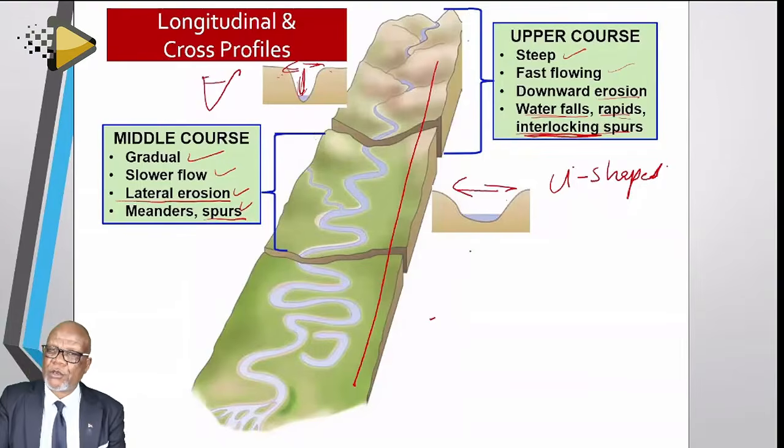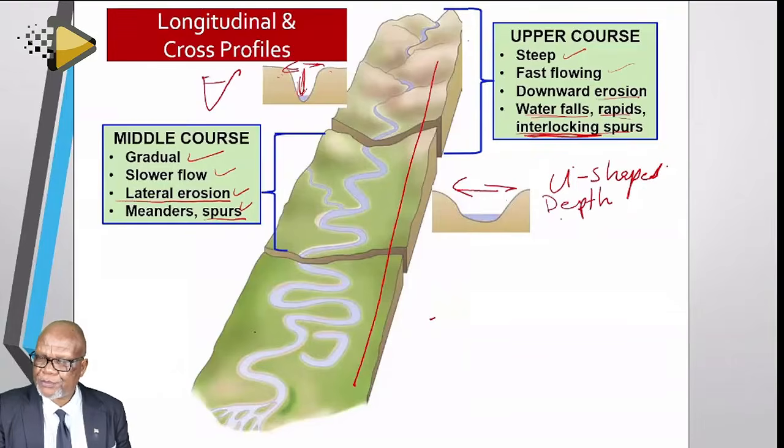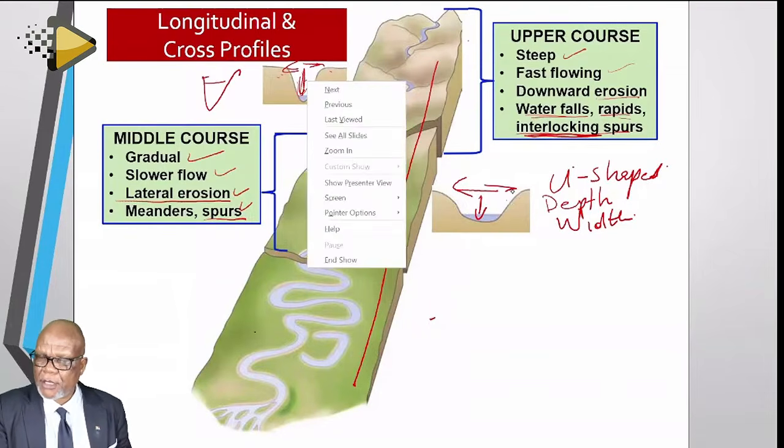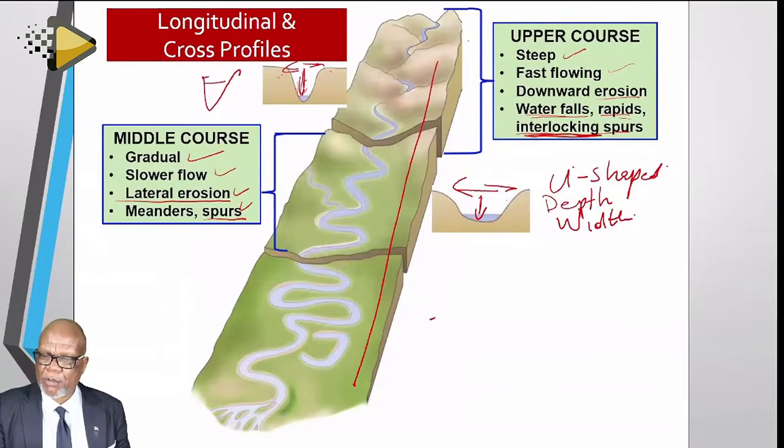So from the cross section you see the width and you see the depth. Then you can compare: the river is deeper in the upper course, but it's wider in the middle course compared to the upper course.